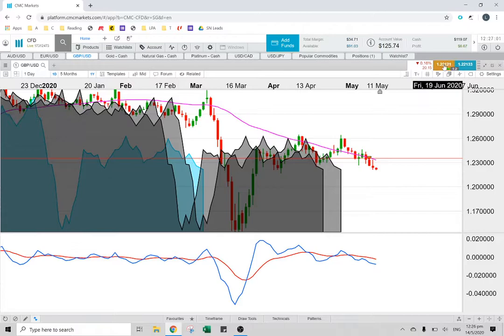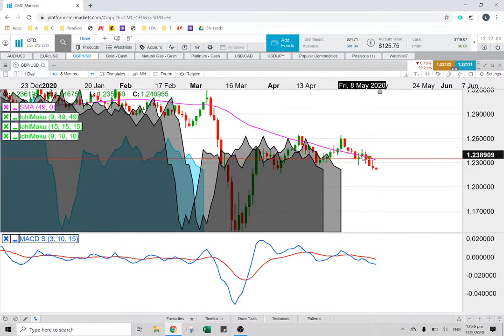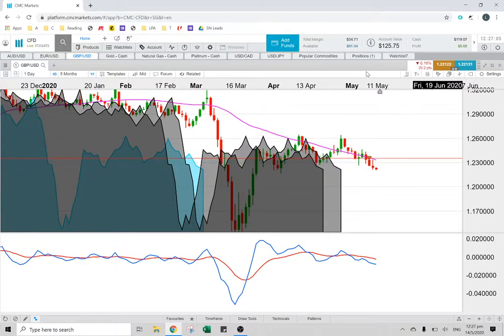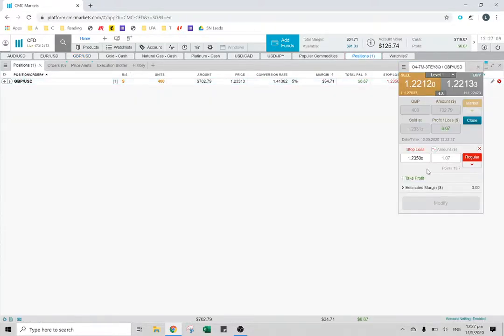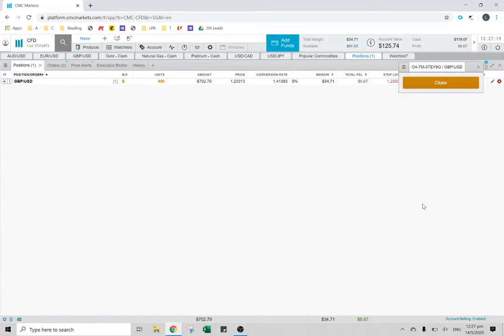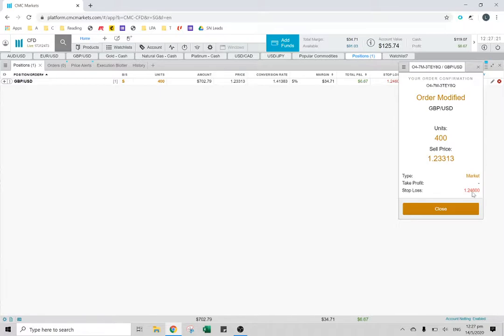Let me just modify it. Alright. Stop loss modified. Alright, stop loss 1.246.